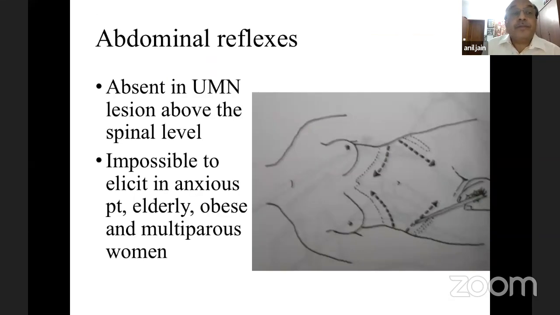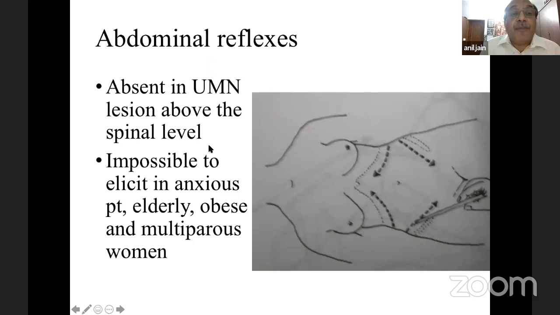Abdominal reflex: here again, we cross 3 dermatomes on both halves of the abdomen. So all 4 quadrants are stroked by a pointed non-sharp object, and in that case, contraction of the abdominal muscle is elicited.